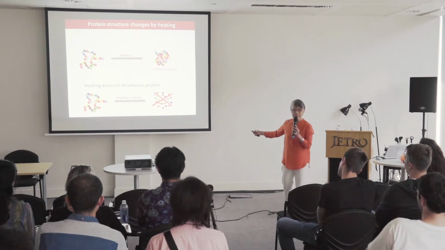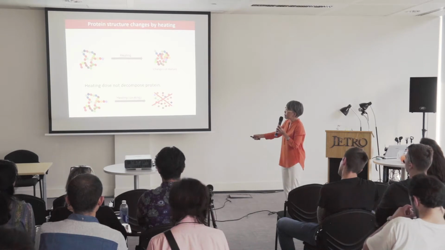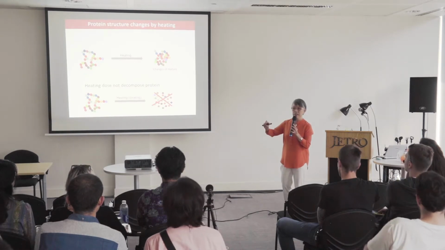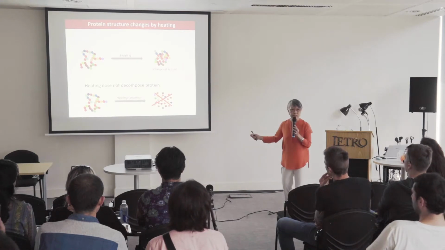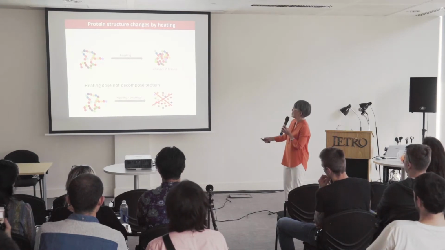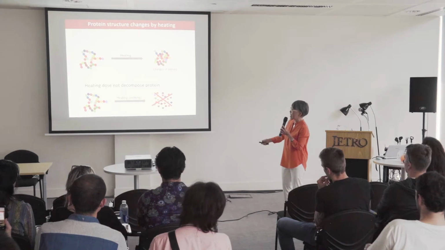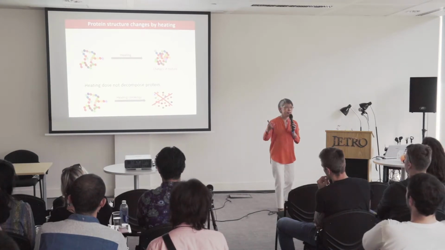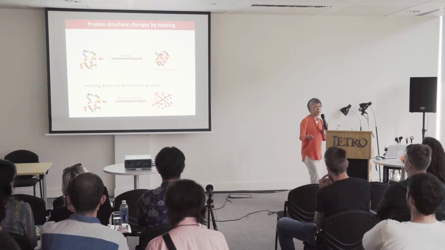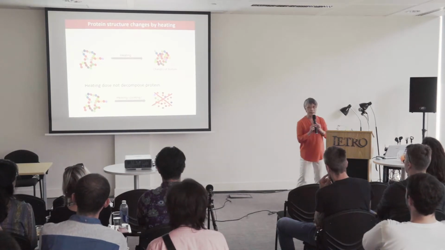So the protein in fresh meat is softer than protein in cooked meat. But there is no release of free amino acids from protein by the cooking process. The cooking process is very important to extract free amino acids.